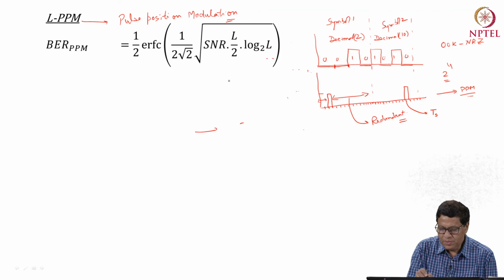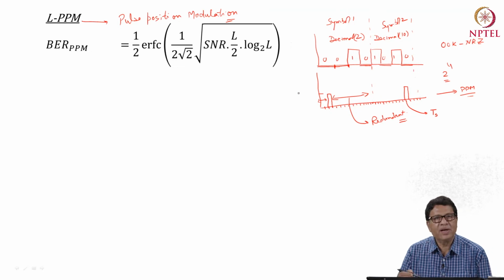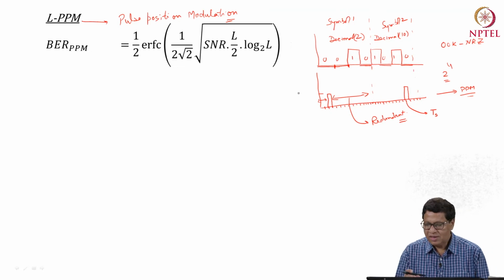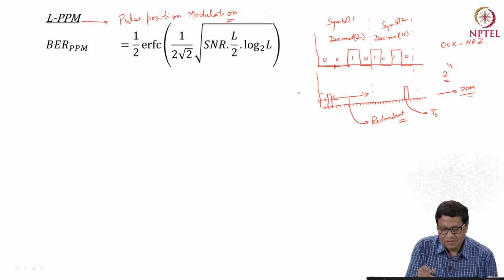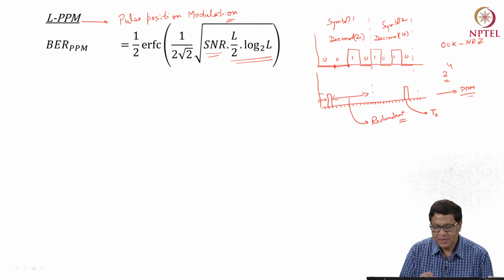So the BER of PPM can be calculated in a similar fashion as we had done for earlier cases, NRZ and RZ. It can be shown that the BER of PPM is half error function of 1 by 2 root 2 SNR, and there is an additional factor of L by 2 into log 2L.